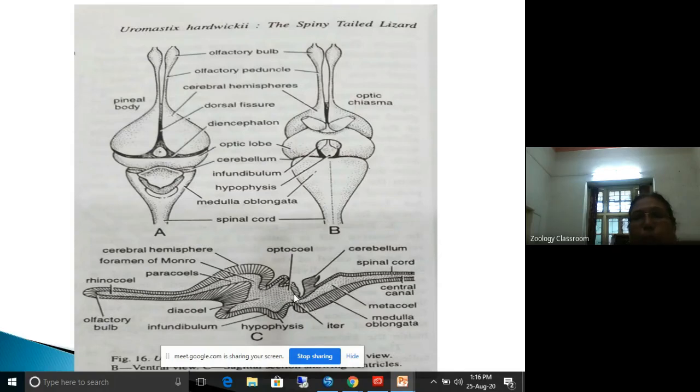The cerebrospinal fluid from the posterior choroid plexus nourishes the posterior part of the brain, and the anterior choroid plexus nourishes the anterior part of the brain, and it protects the brain from mechanical jerks.